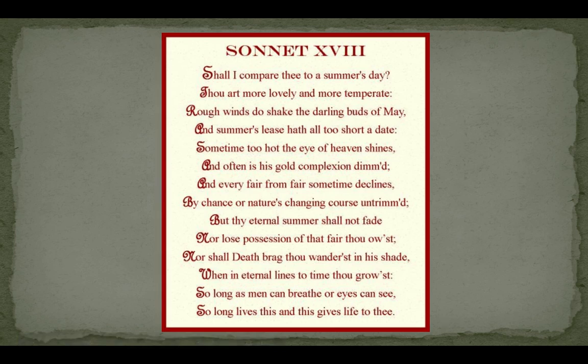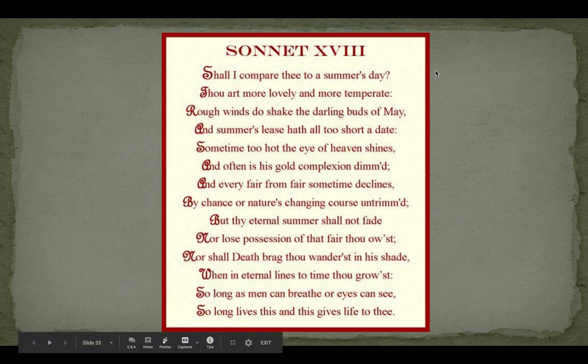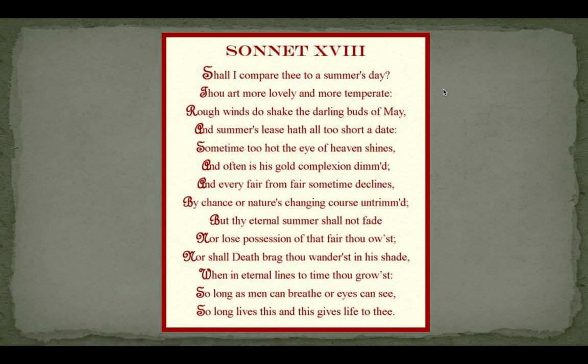So we might see this as a love poem, but it might also be saying, you're beautiful, you're wonderful, you're better than summer, but guess what? You're gonna die, just like everybody else.